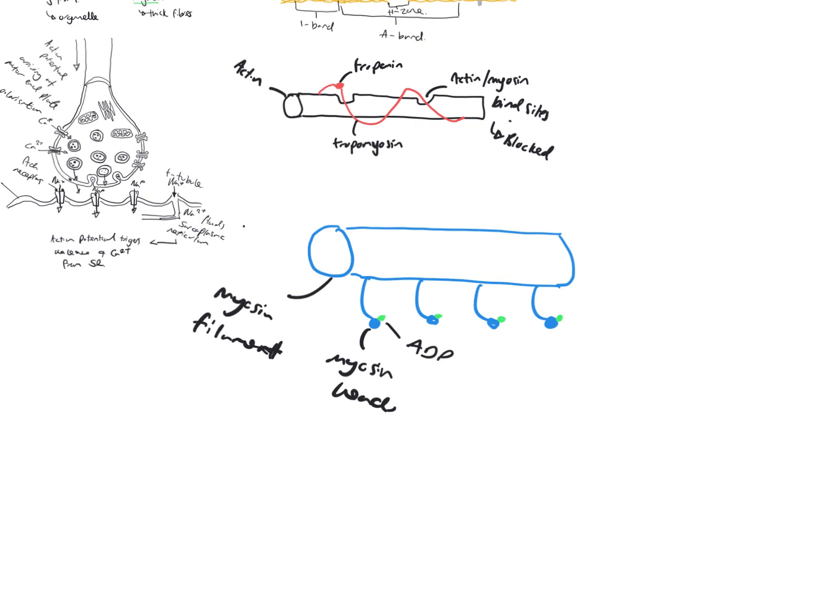So on the head itself, it has a component which is able to hydrolyze ATP to ADP and inorganic phosphate, and this would happen when it is activated by calcium 2 plus ions. So these are those ions that we have met previously that are going to be flooding out of the sarcoplasmic reticulum when an action potential reaches and depolarizes the sarcolemma.